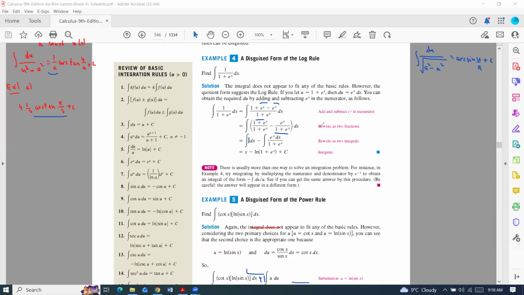So for the second piece, when I substitute my denominator, see, that's probably worth writing down, so that's another u. And the derivative of that will still be e to the x, because the derivative of e to the power of x is the same thing. Well, 1 will disappear though. So this is going to be du.